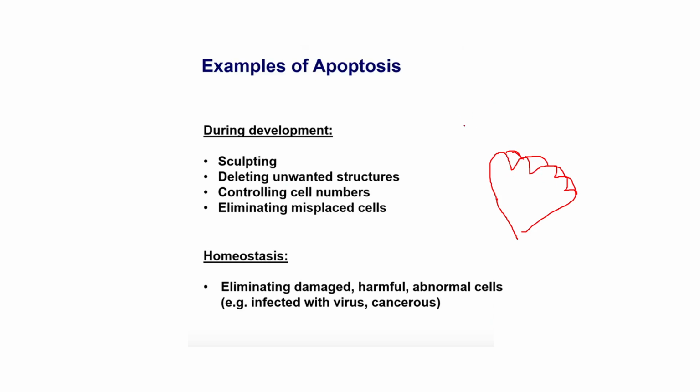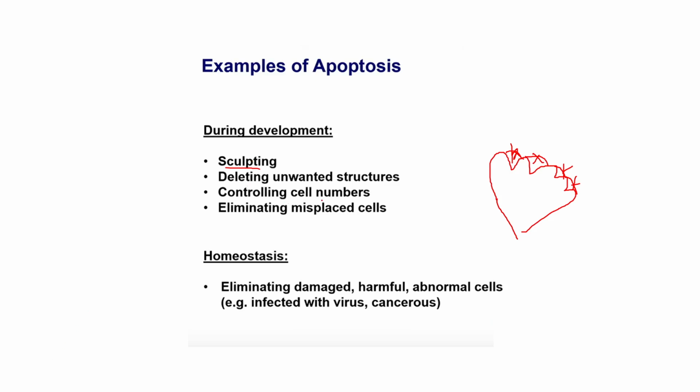This webbing actually helps in movement and other processes at the initial stage of development. But at the later stage, when the organism is mature, this webbing is removed. Okay, this webbing is removed by the apoptosis process, and this is an example of sculpting. So this helps in the sculpting of the fingers in the organism during the later stage of development.